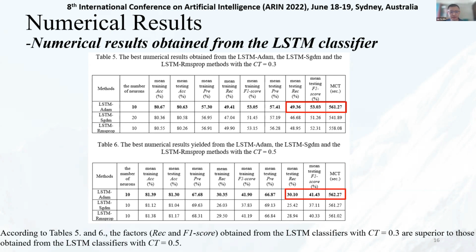Also, we can see that the LSTM-Adam can attain the best mean testing F1 scores. According to tables 5 and 6, the factors recall and F1 score obtained from the LSTM classifiers with CT value 0.3 are superior to those obtained from the LSTM classifier with CT value 0.5.